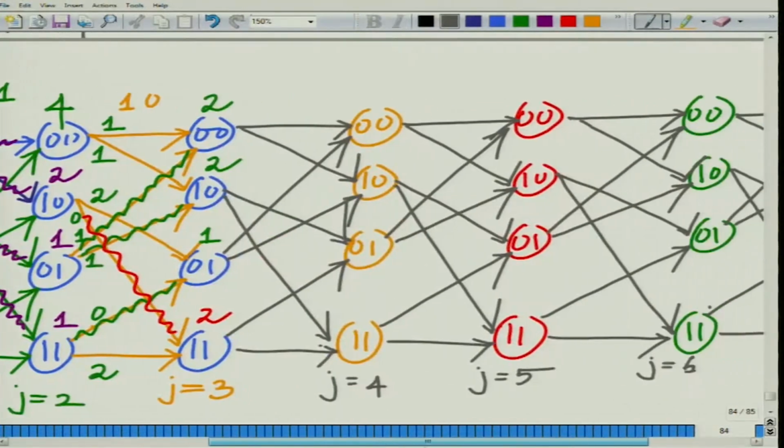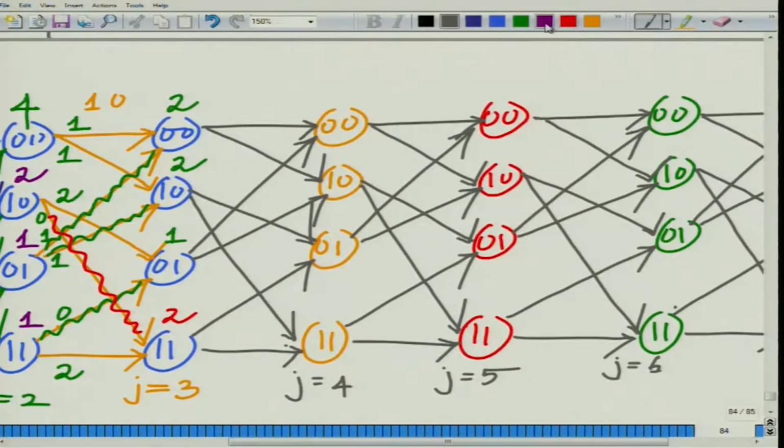I am going to quickly keep writing down the received word, 1 0 corresponding to j equal to 3, that will be 0 1. The branch matrix will once again be for the two branches from 0 0 1 1.